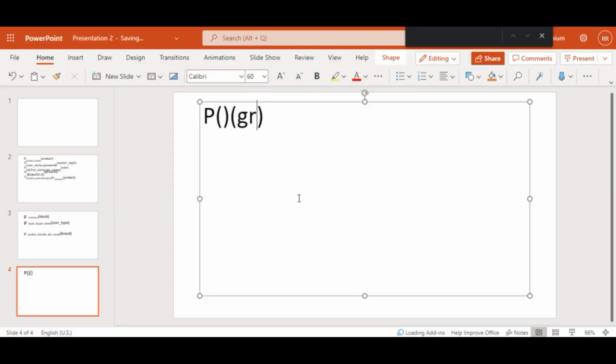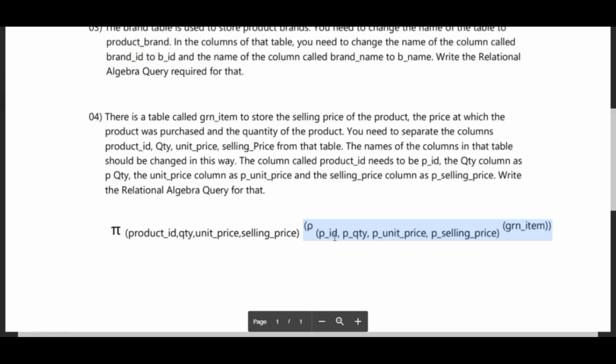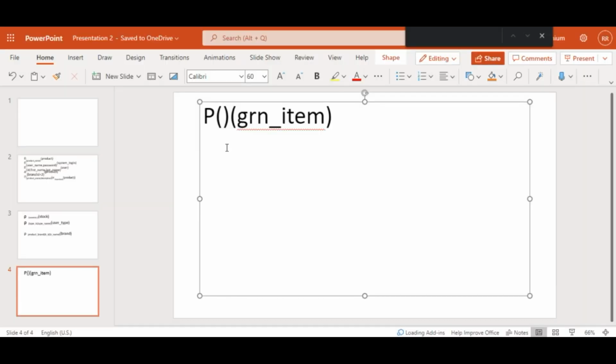Therefore I had to mention the table name, GRN item table, and after that I mention the new names. So product ID to PID.